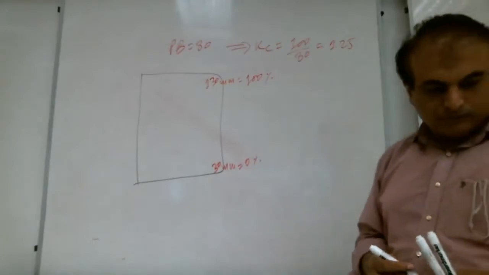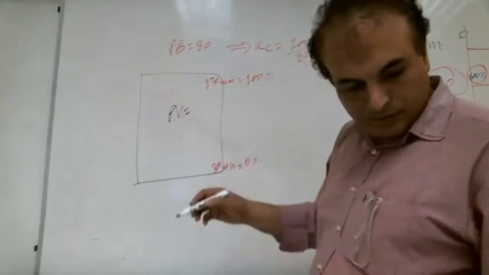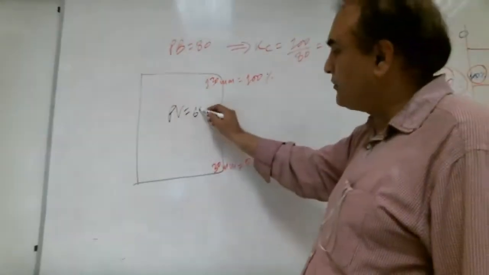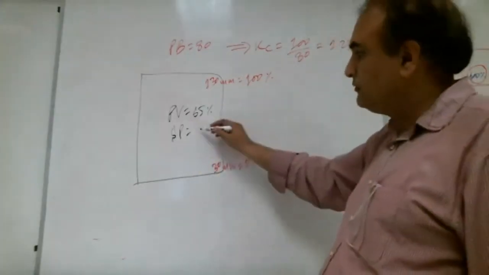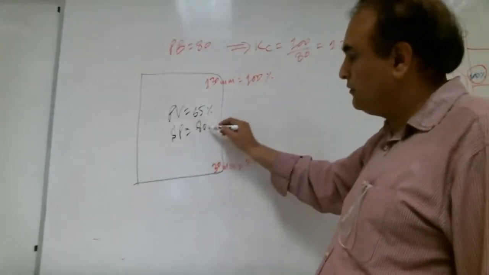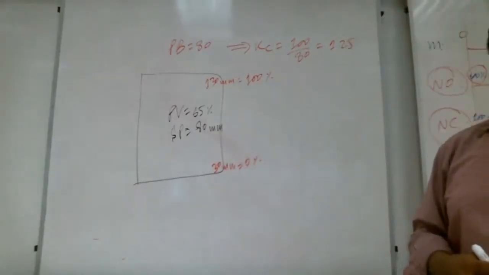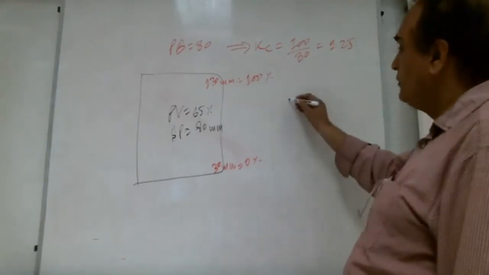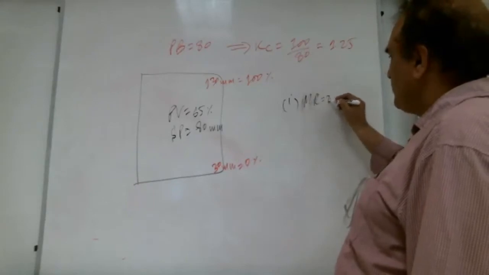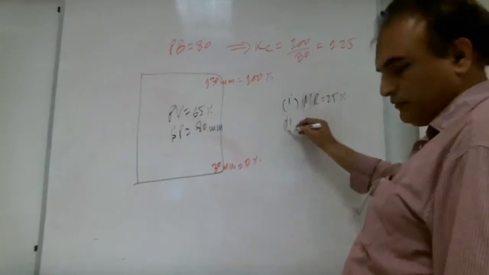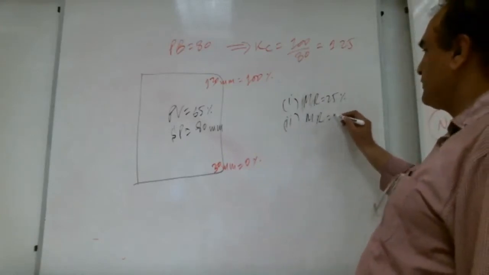If process variable PV equals 65% and set point equals 80 millimeter. Very good. Manual reset is 25%. Then what is the output M? And manual reset is 15%.